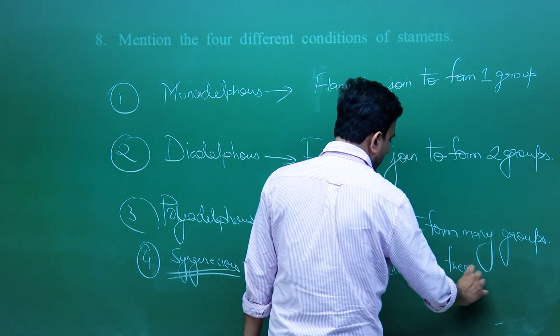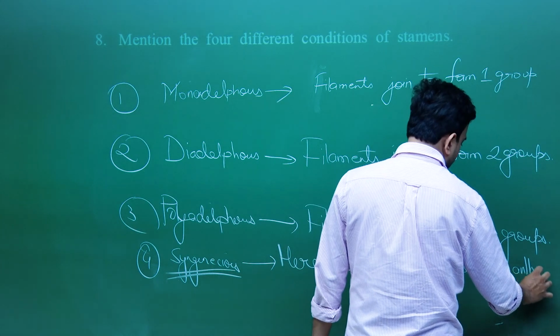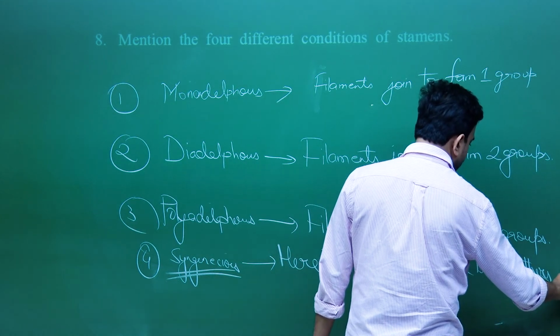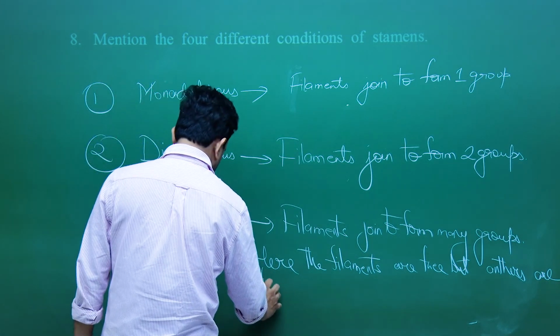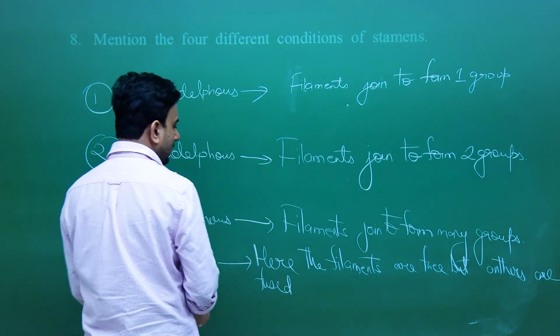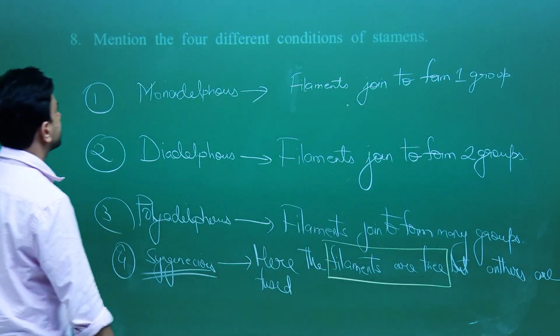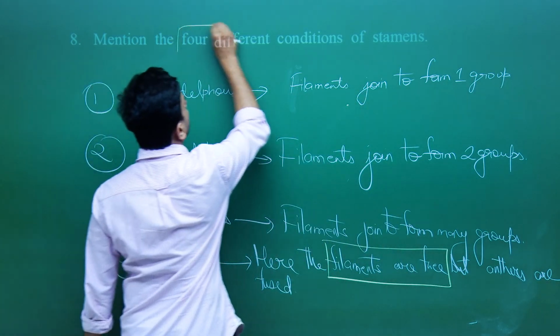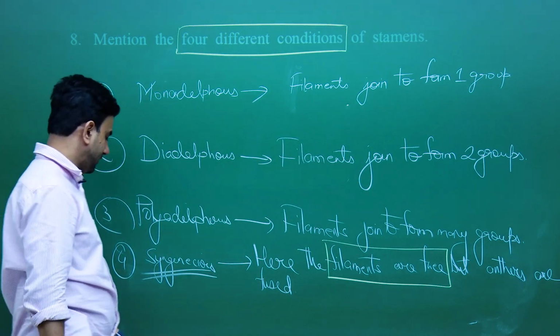Hence these are the 4 different conditions of the stamen.